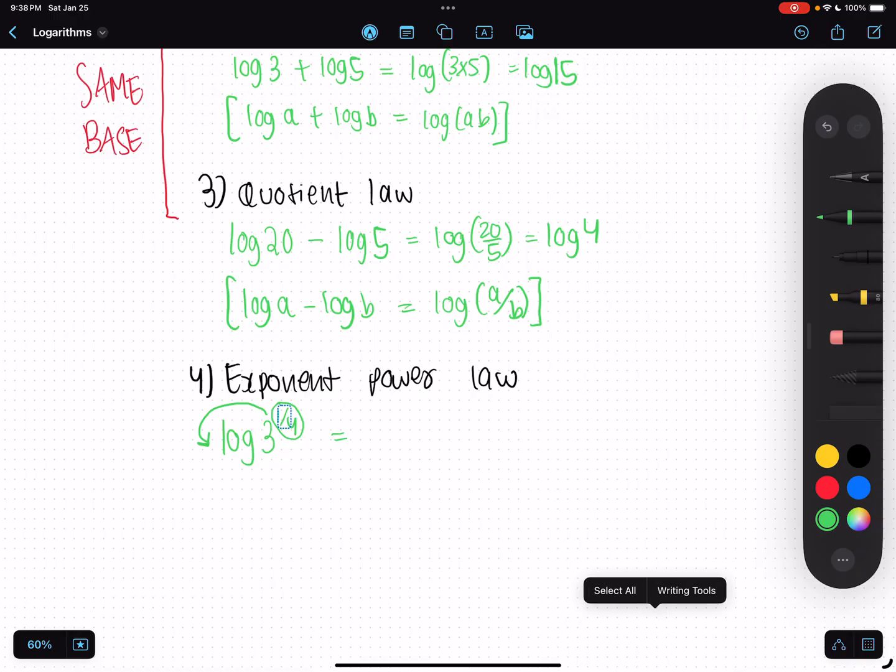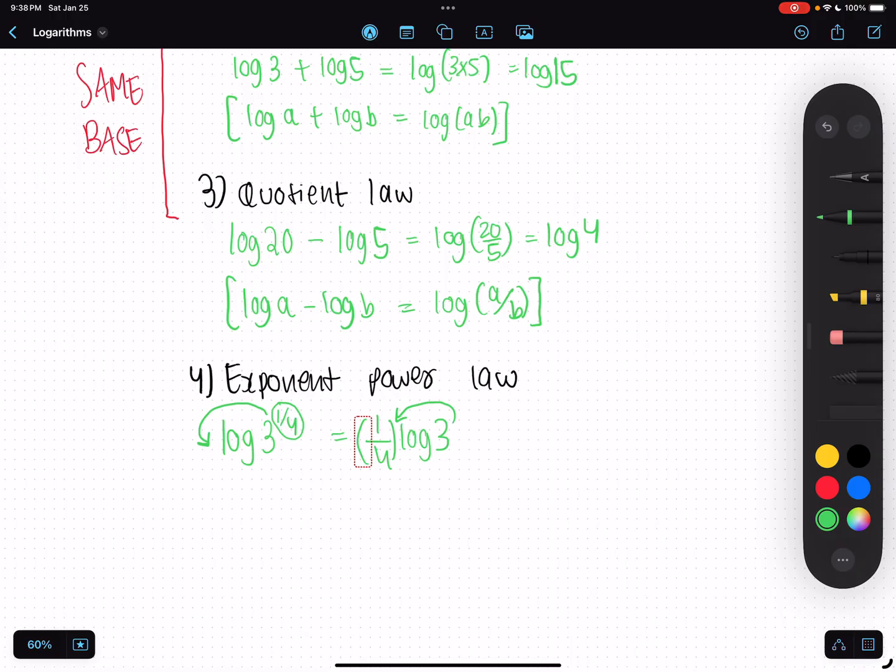So log 3 to the power 1 by 4 can be written as 1 by 4 log 3. It just got shifted from here down to here. It's that simple. If you have an exponent on a log, you can just shift it to the front of the log, and if you have it in front of the log, like if you multiply 1 by 4 times log 3, you can write it as log 3 to the power 1 by 4.